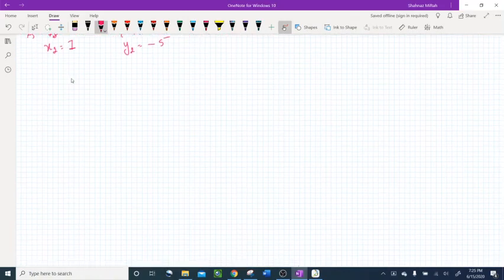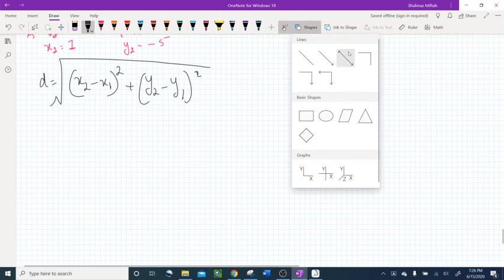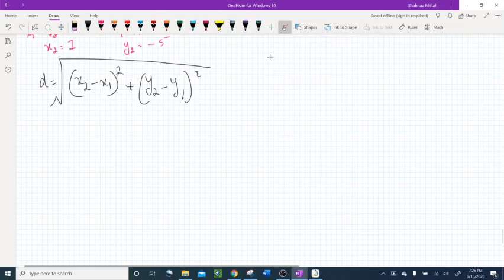Now, that's the distance formula: d equals the square root of (x2 minus x1) whole squared plus (y2 minus y1) whole squared, and everything within the square root. That's my distance formula. Now, if I draw this up here, I want to show you how this works.